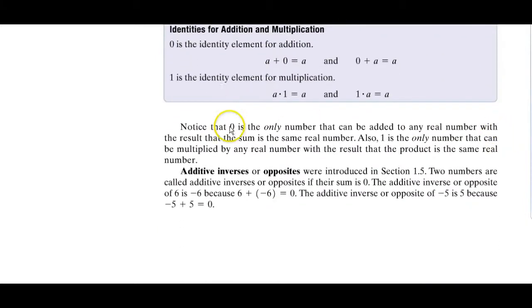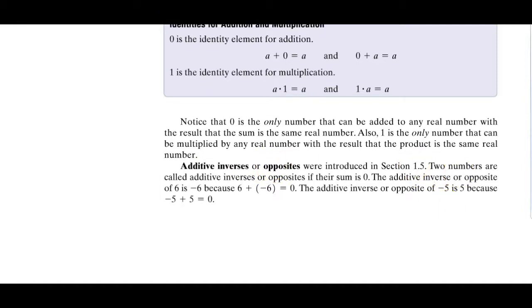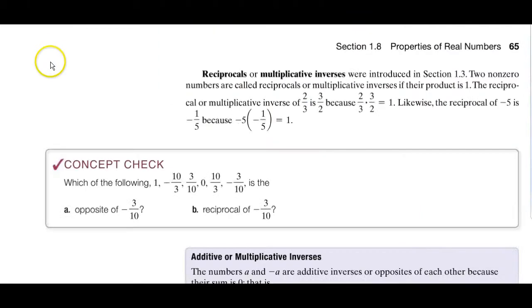And 0 is the only number you can add to something and not change its value. And we spoke of the additive inverse or opposites in section 5. Again, they're preparing us for chapter 2, little by little here. And we've done reciprocals. Remember, the product of a number and its reciprocal is always a positive 1.